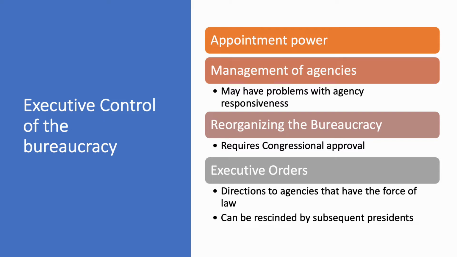But at times, even though they are responsible for seeing to it that they carry out their functions, sometimes there are problems with the agencies being responsive even to the requests of the president or the executive office of the president. At times, it is actually hard to get compliance. And there have been many examples of presidents having trouble with agencies that want to do things a certain way, which isn't the way they want it done.